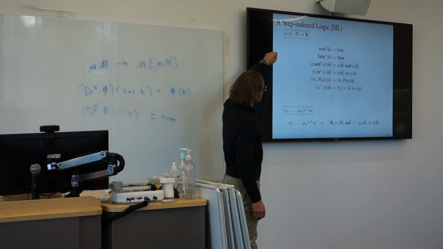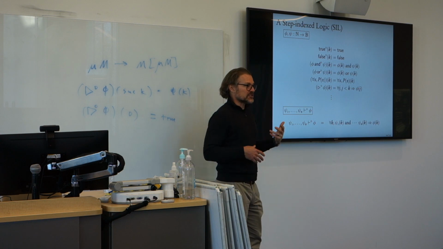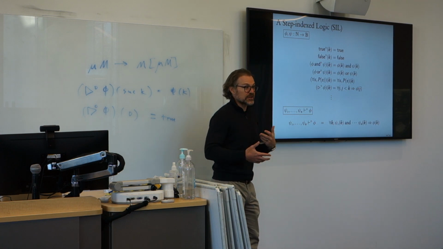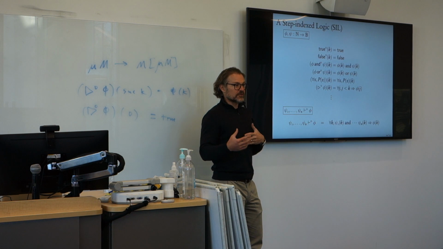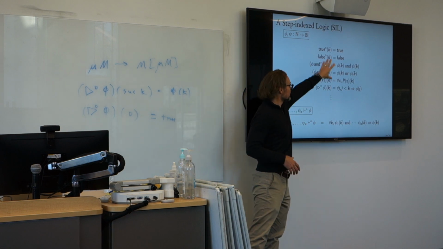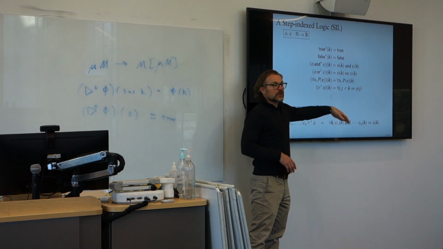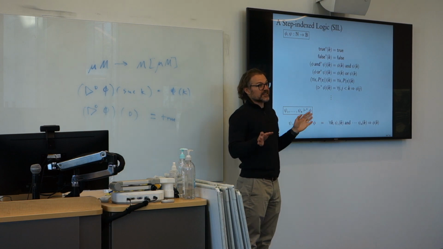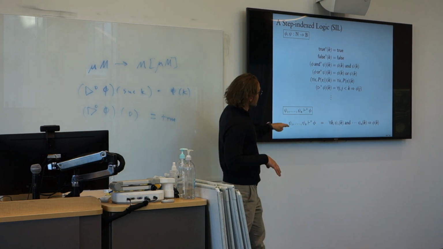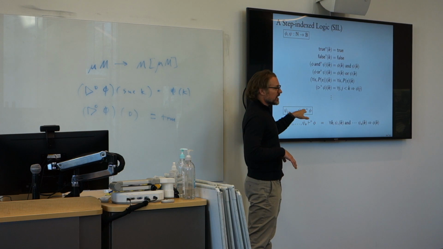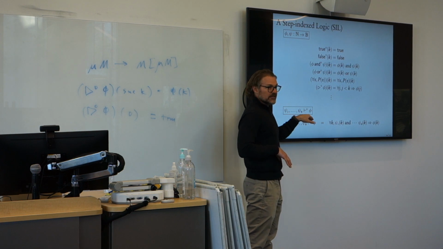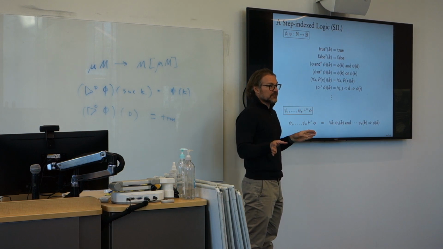All right, but this is the gist of it. Then we're going to want a proof theory for this logic. We're going to want lots of proof rules that we can then use, so we don't have to reason about this explicitly. We want to just be able to do our normal sort of logic thinking. And so here's our turnstile that we're going to be using in our proofs.